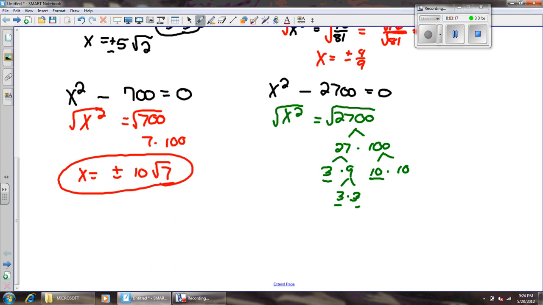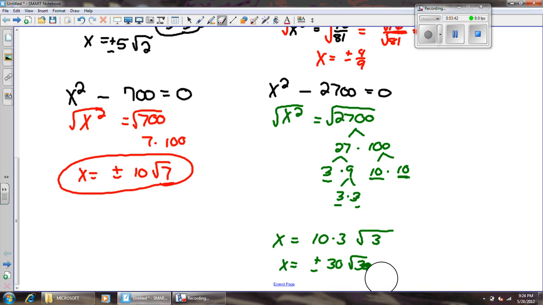These aren't prime, but there is a pair of them. So I'm going to let a pair of 10s leave the house. I'm going to let a pair of 3s leave the house. So I'm going to have 10 times 3 outside the house. Inside the house, there's only going to be a 3 left. But a better answer is simply going to be 30 rad 3. Oops, not rad 30, 30 rad 3. And again, it's plus or minus.